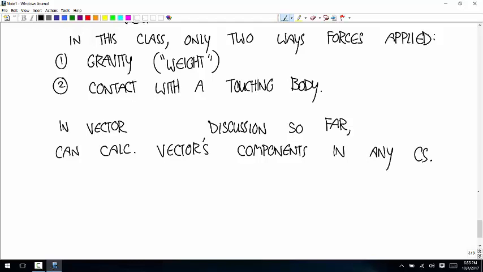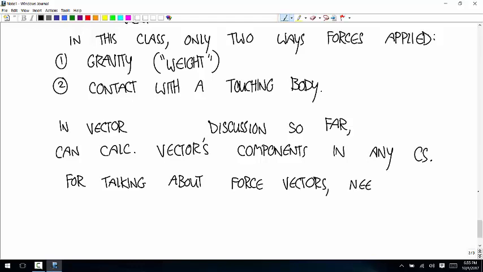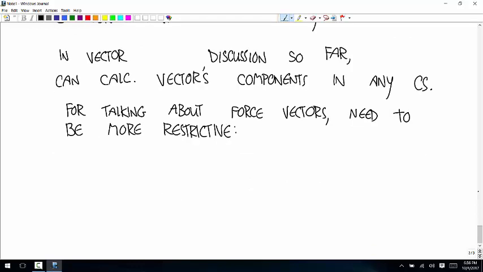Now we're going to be more restrictive. If we're talking about force vectors, the coordinate system must be what's called inertial.